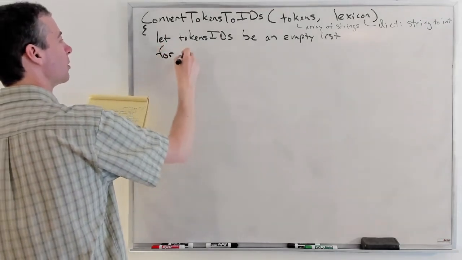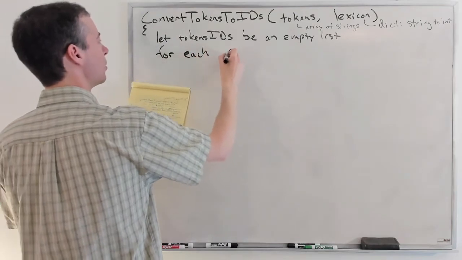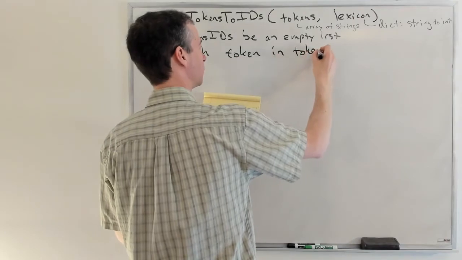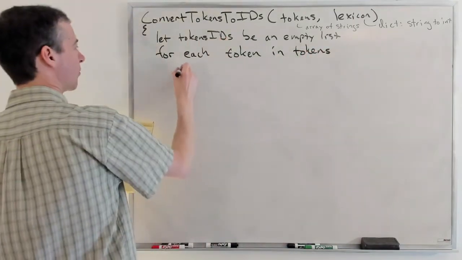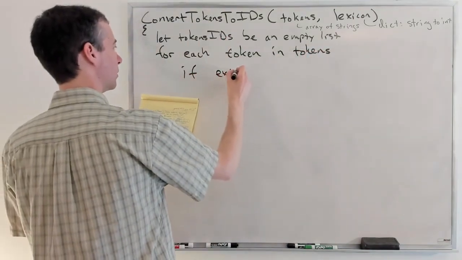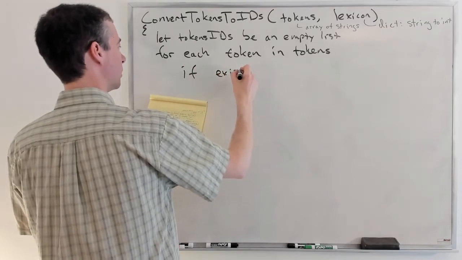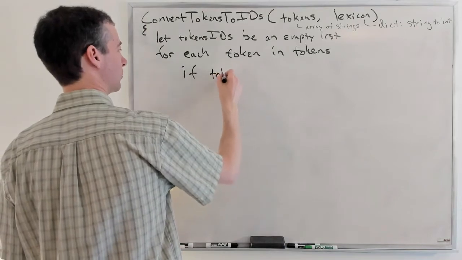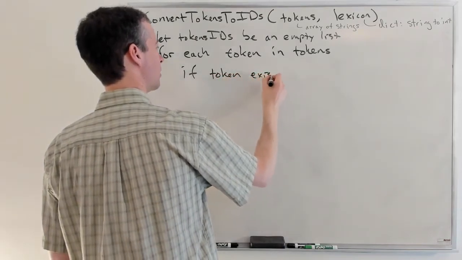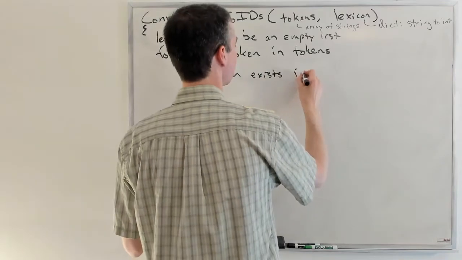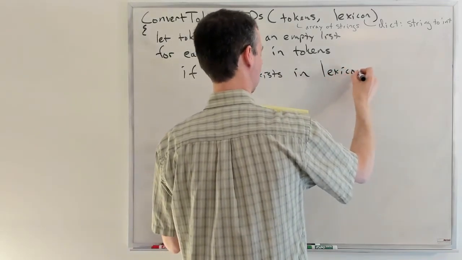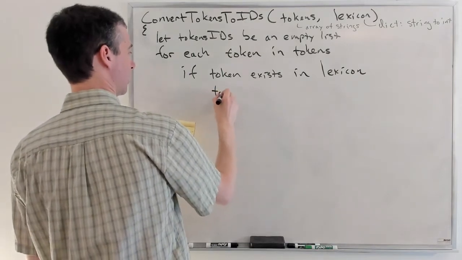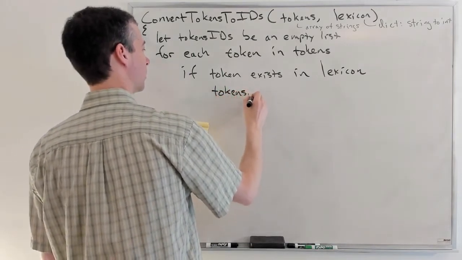So now for each token in tokens, we simply ask our lexicon if it has seen this guy before. And if it has, that's easy enough.